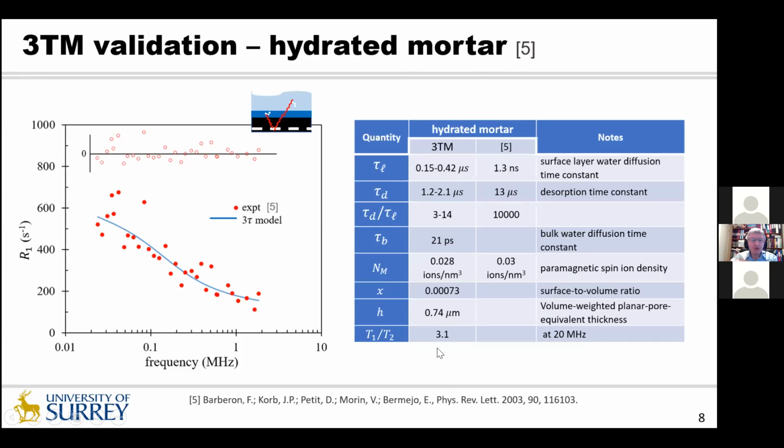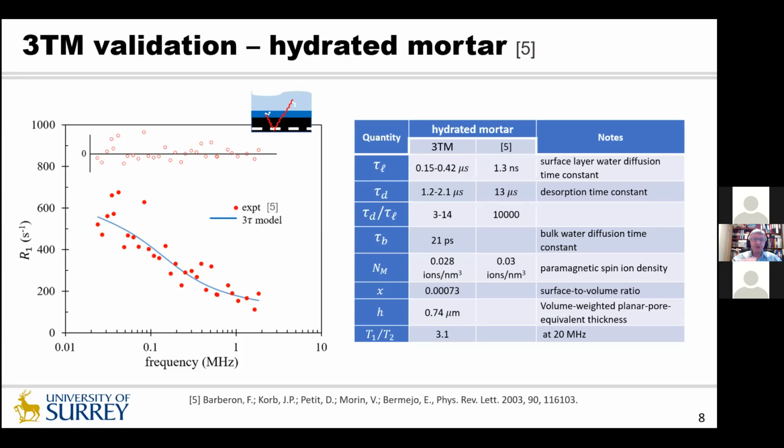But the reason we chose this particular set of data is because it relates to a hydrated mortar. And we were funded at the time by a European project on cementitious material. And so obviously mortar, which is based on cement powder, was of interest to us.